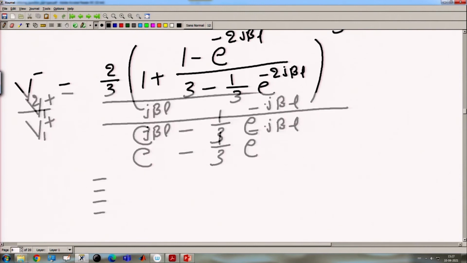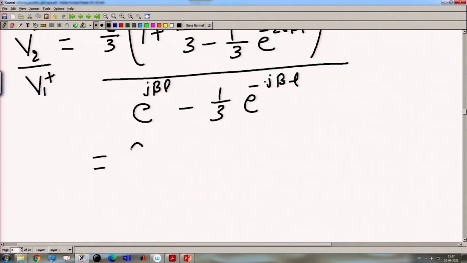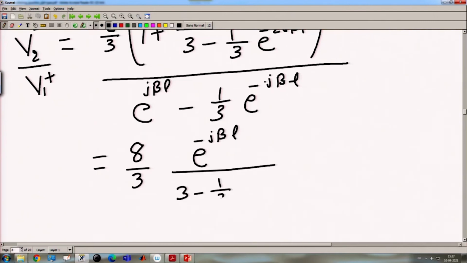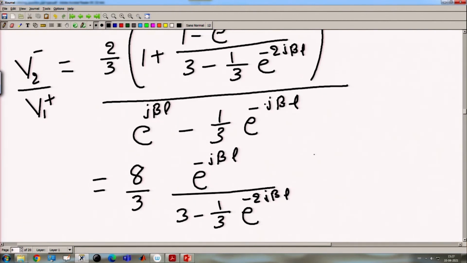so it can be solved. So, this will come 8 by 3 e to the power minus j beta L divided by 3 minus 1 by 3 e to the power minus 2 j beta L. So, this is V2 minus divided by V1 plus, that will equal S12.